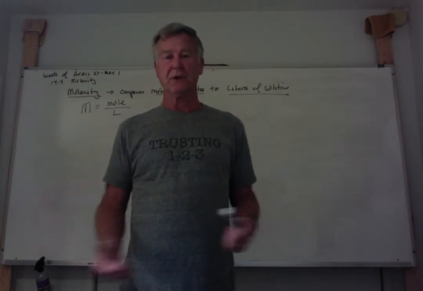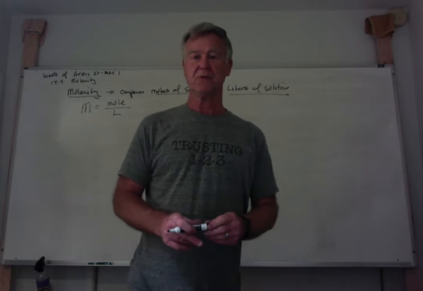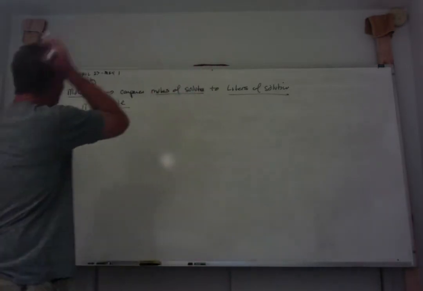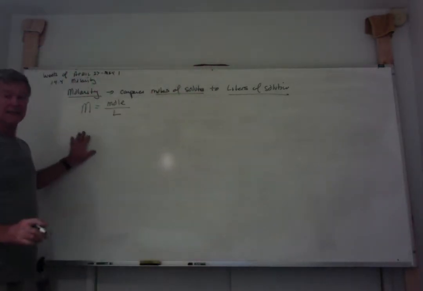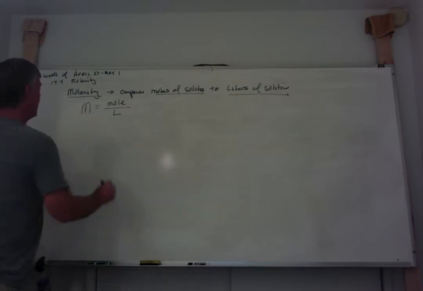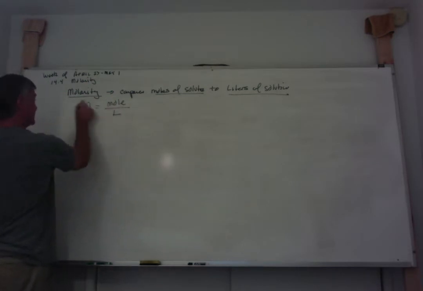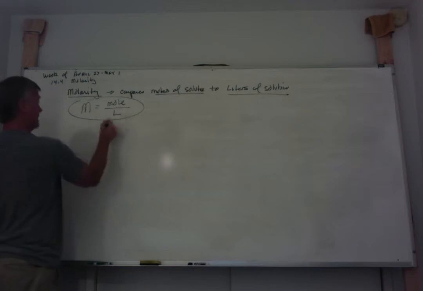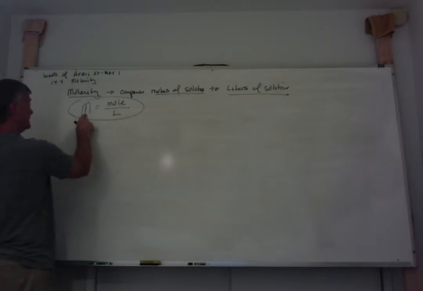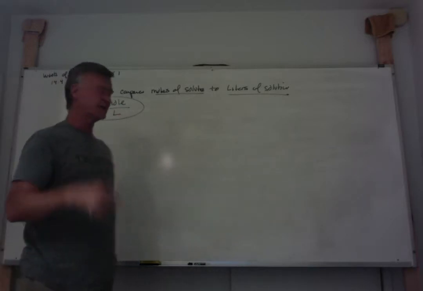It'll be a little harder without you being able to be there in person, but we'll do the best that we can. This is actually a fairly easy section because this can be rewritten one of three ways. We have molarity as moles divided by liters.